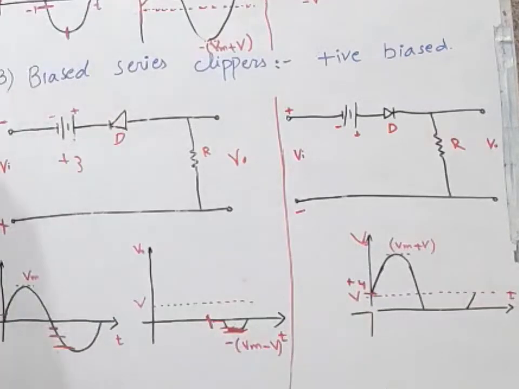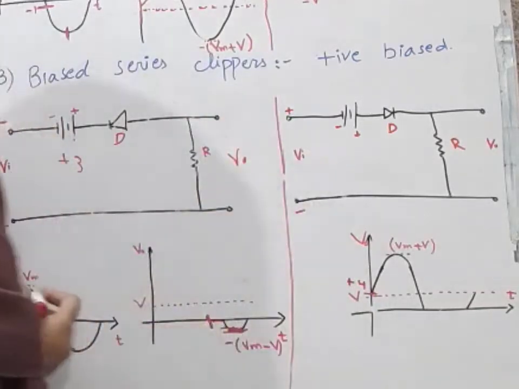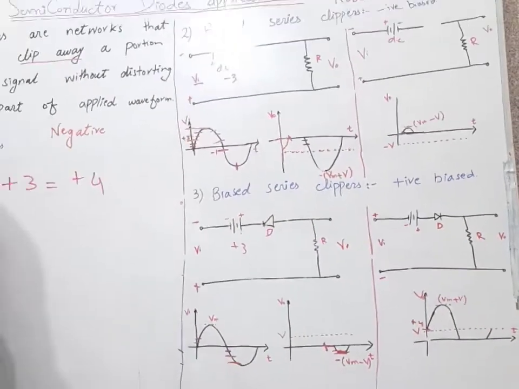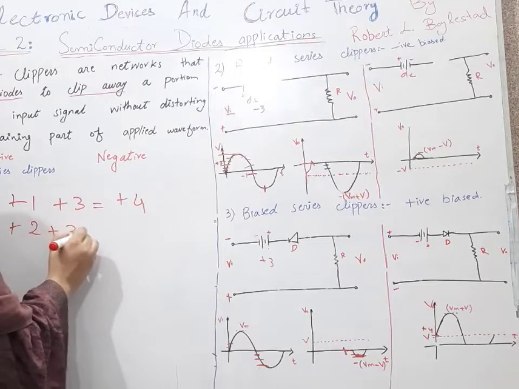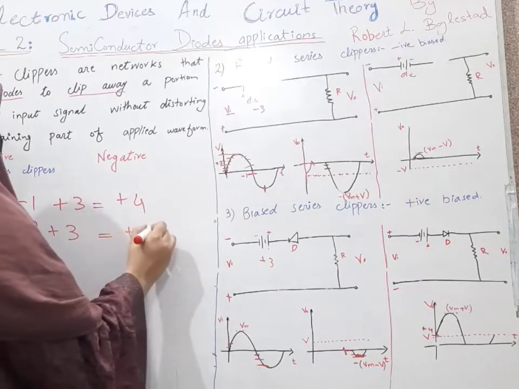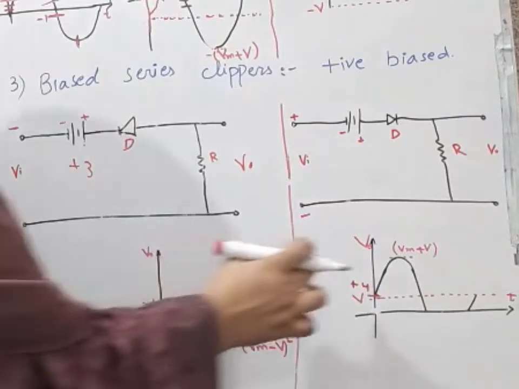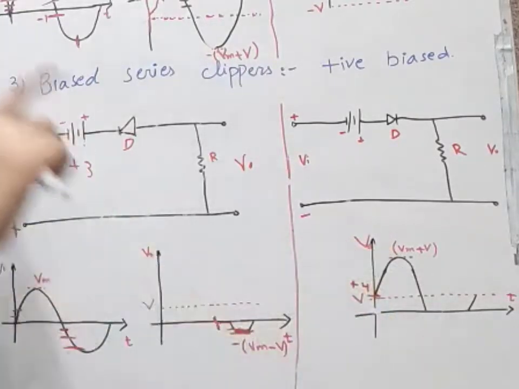Understand? Now with the input waveform at the potential of +2 and the battery at the potential of +3, we will get a total potential of +5. So that's why we get the larger peak.